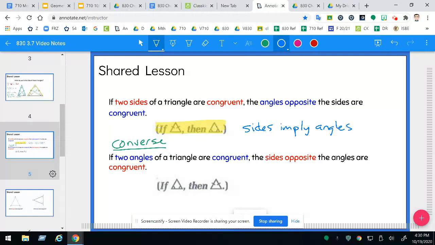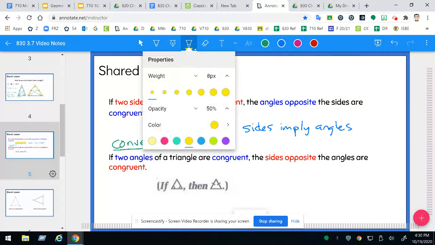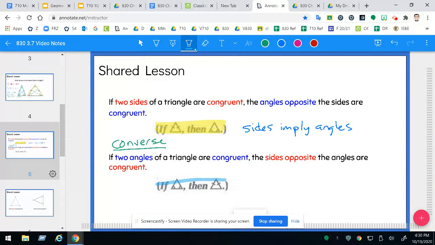So if you have those two congruent sides, then the opposite angles are congruent. We also have the symbols work the other way. If two angles of a triangle are congruent, then the sides opposite the angles are congruent. And this we can also rephrase saying angles imply sides.